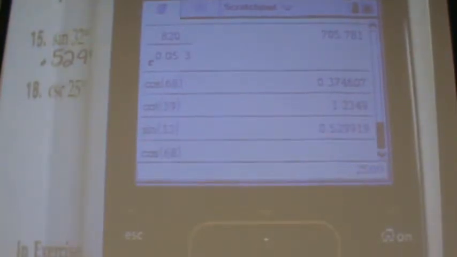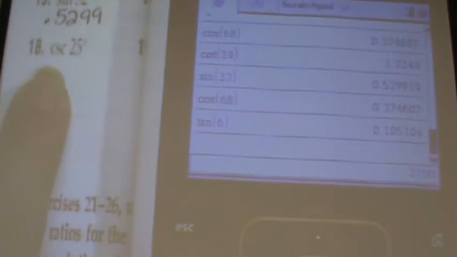I think we did that one already, didn't we? 0.3746. Tangent 6. 0.1051.